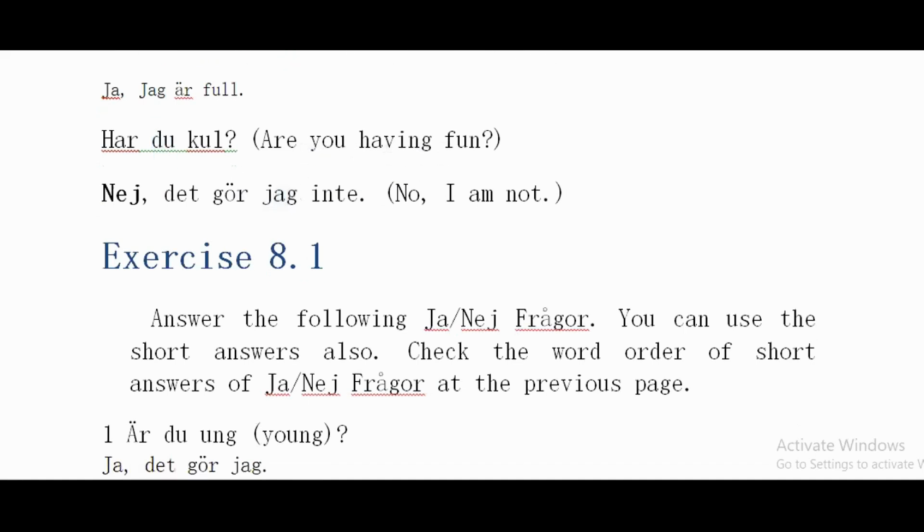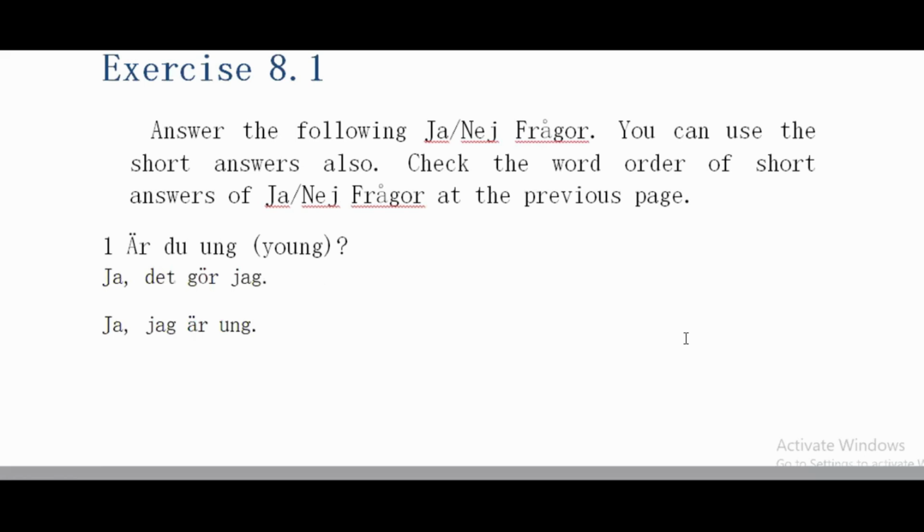Then we have exercise number 1. "Är du ung?" means, are you young? "Ja, det är jag." Yes, I am. Or you can reply "ja, jag är ung". Yes, I am young. So this is a complete answer where we're using the same verb and the same adjective that we have used here.